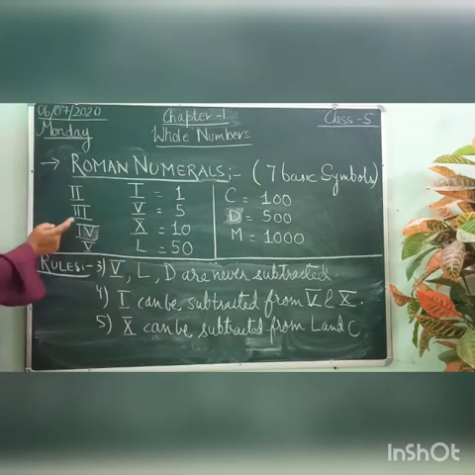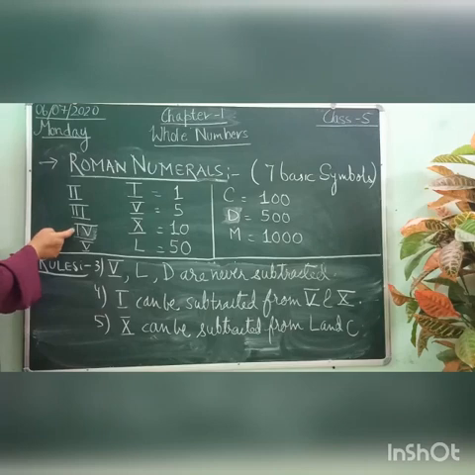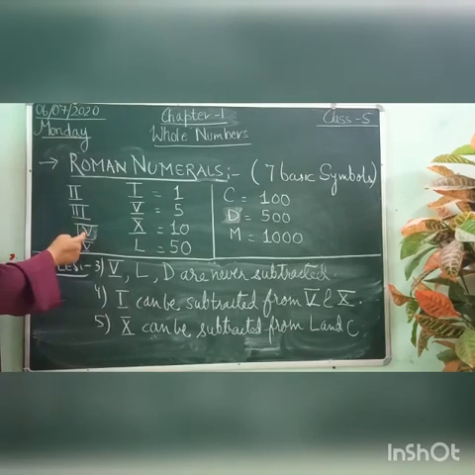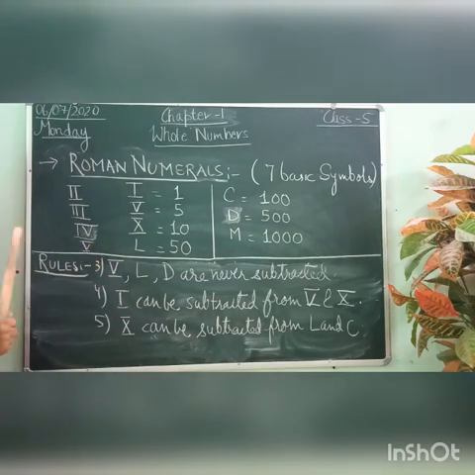So only I can be written before this. You cannot subtract I from L. Why is it so? Because this is the smaller unit and this is a bigger unit. So I can only be subtracted from V and X.